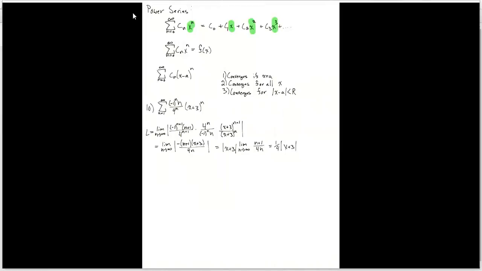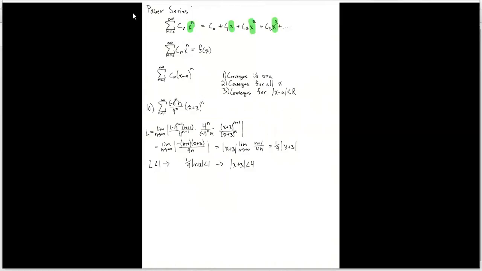Now remember that for this to be absolutely convergent, we need L to be less than 1. Well, this means that 1/4 absolute value of x plus 3 is less than 1. Well, this means that the absolute value of x plus 3 is less than 4.